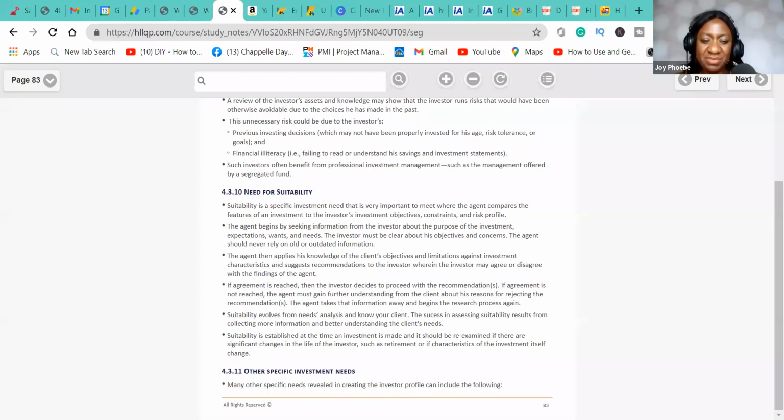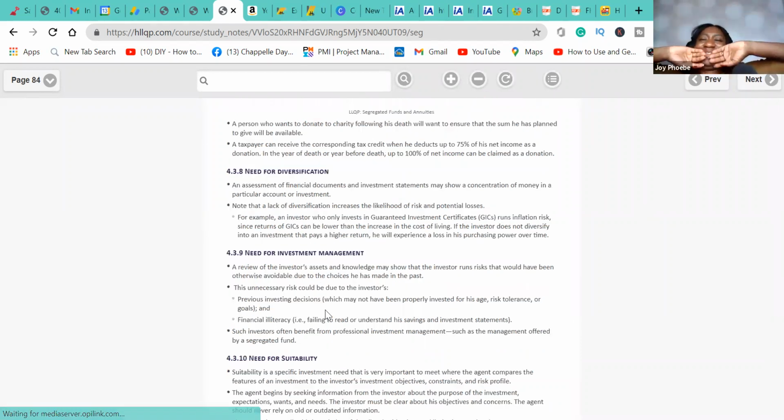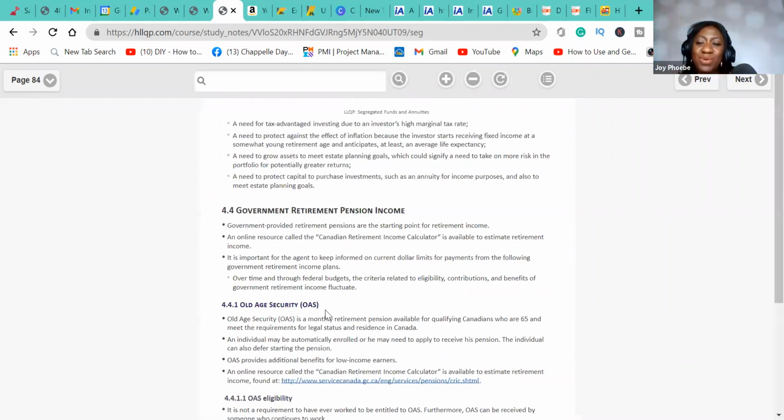Other specific investment needs may be specified as follows. Basically, this is just like looking at our clients holistically to see what their needs are and be able to determine the product and service that will meet their specific needs.